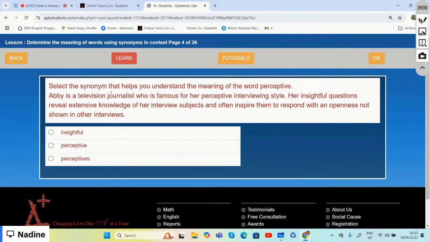We need to select the synonym that helps to understand the meaning of the word perceptive.